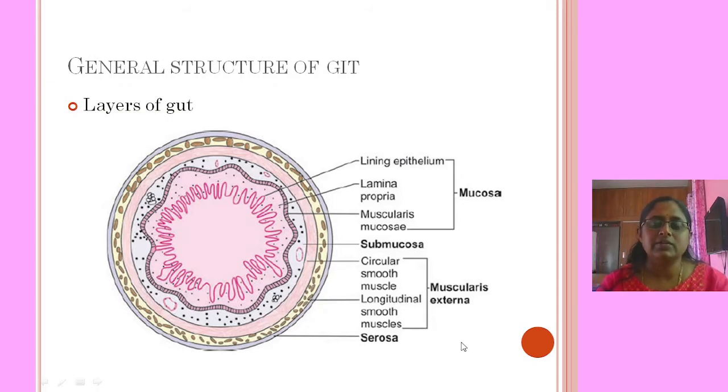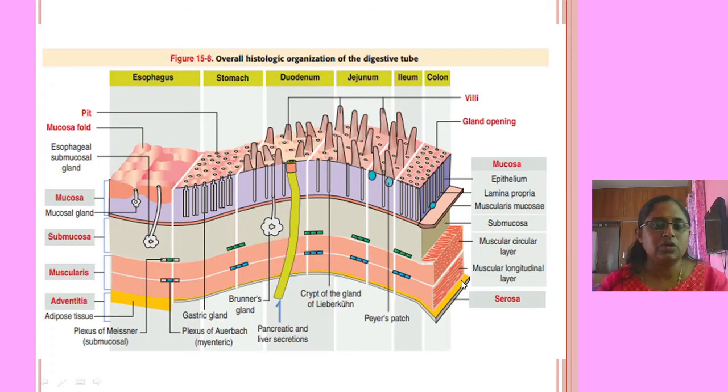Thus the general structure of the gastrointestinal tract, from the mouth to the large intestine, consists of all these four layers: mucosa, submucosa, muscularis externa, and serosa. This is the overall histologic organization of the digestive tube.